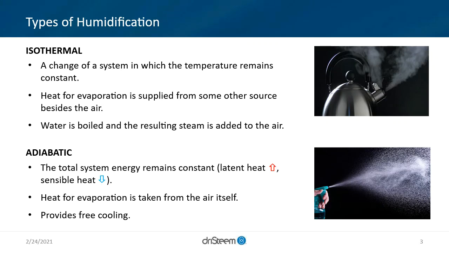One of the benefits of adiabatic humidification is the free cooling aspect. It is a component that you can't get rid of. You get both cooling and humidification hand in hand.